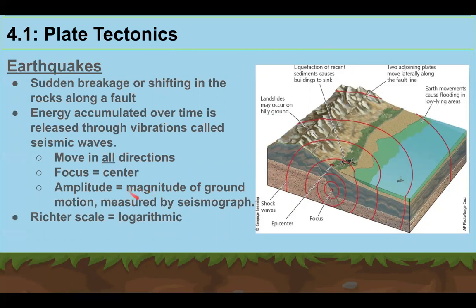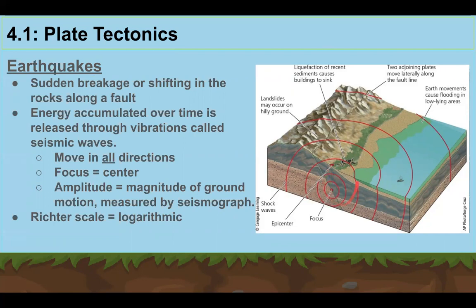There is what is known as the focus, where the energy release occurs. And if you look at the surface, right on top of where that focus is, because the focus can be underground, the epicenter is the point on the surface right above the focus.